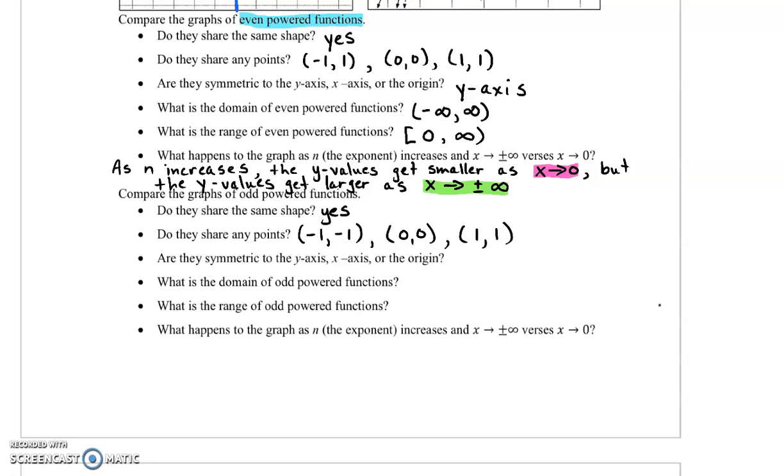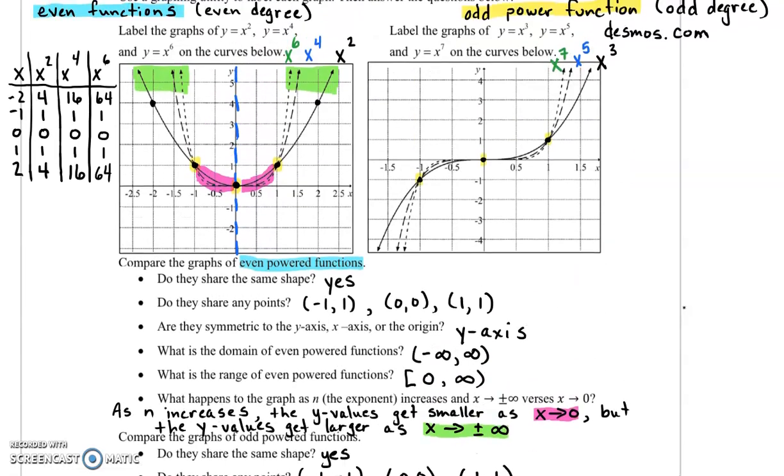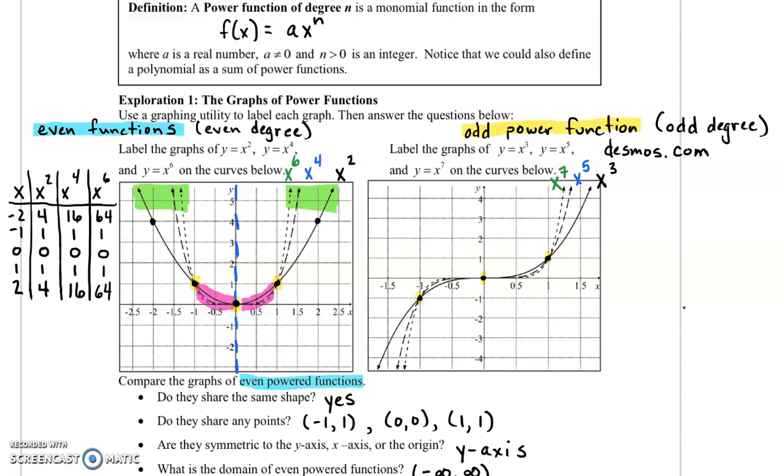Are they symmetric to the y-axis, the x-axis, or the origin? Remember, y-axis means fold along the y-axis like we did with the even functions, and then the two parts match up. X-axis means if we fold it on the x-axis, the two parts match up. And origin symmetry means we have to fold on the y and the x-axis.